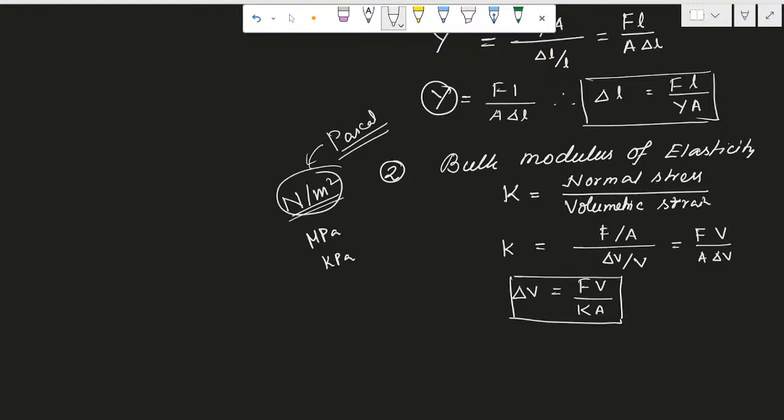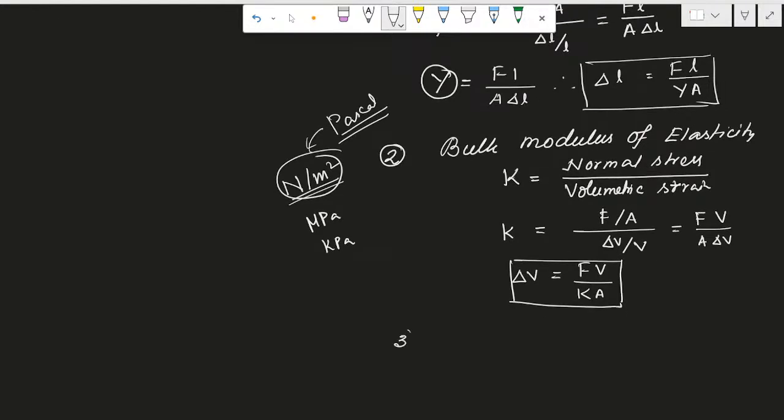Now we'll consider the third one. Third one is modulus of rigidity, also called rigidity modulus. It is sometimes denoted by eta, or you may see in some books G, or sometimes C also.